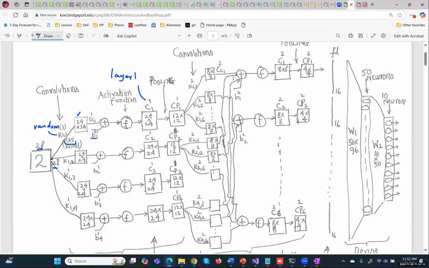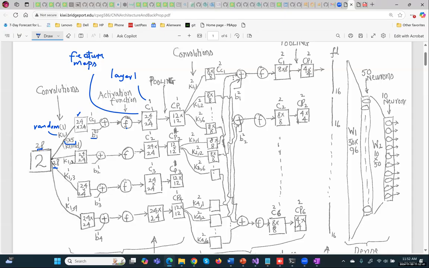So each one of these, in the technical terminology, as we apply the convolution, add the bias, apply the activation function, these are called feature maps.